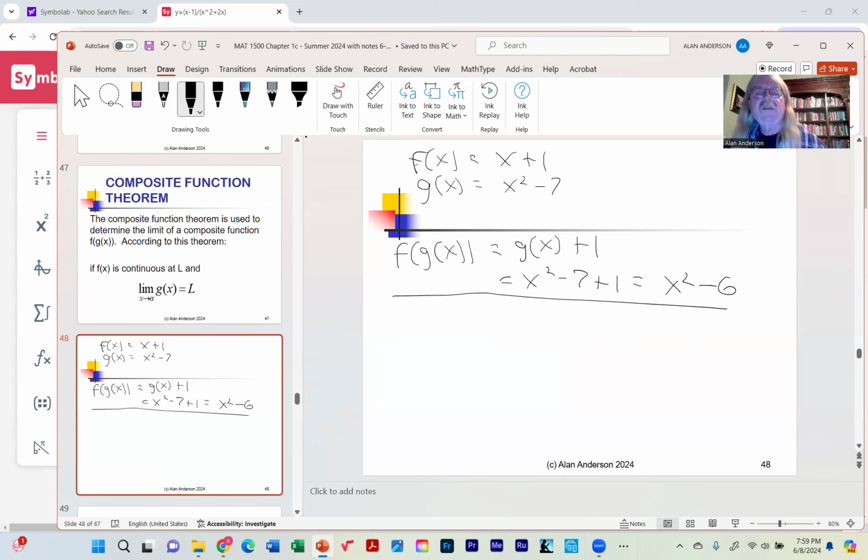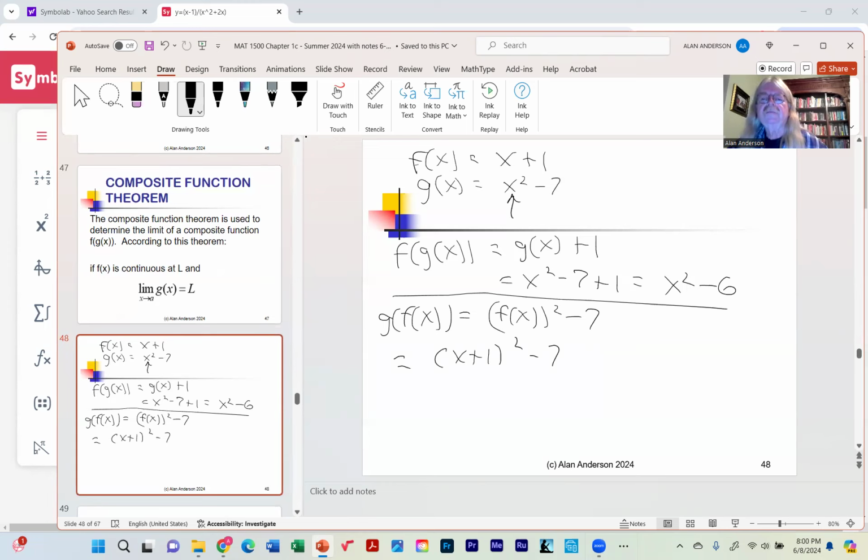Now, g of f of x means for the function g of x, we're replacing x with f of x. Okay, so here I've got f of x squared minus 7, which means we have (x plus 1) squared minus 7. And if you apply FOIL to this, F is these two, O is these two, I would be these two, and L would be these two.